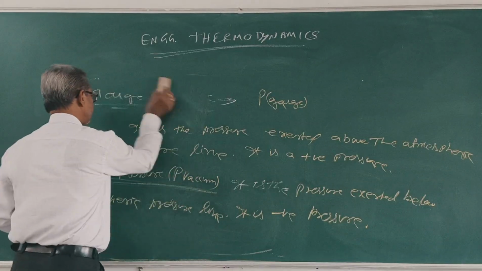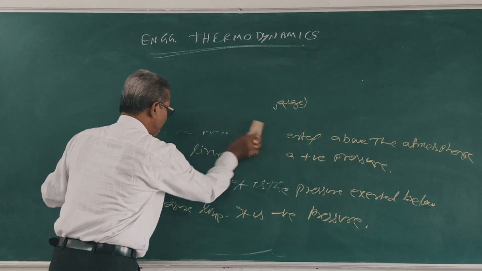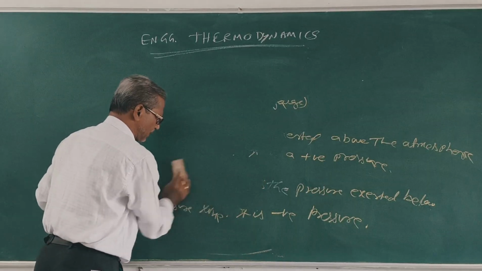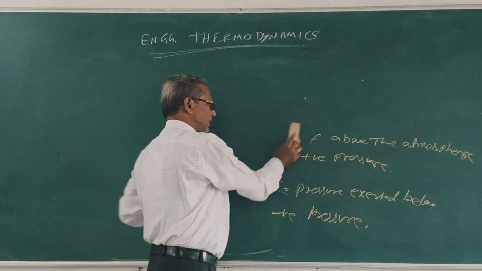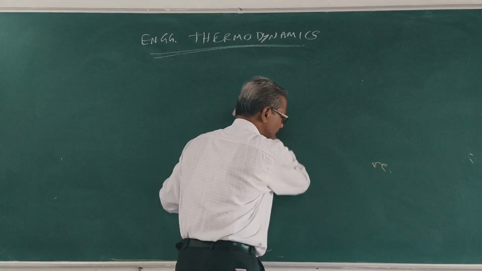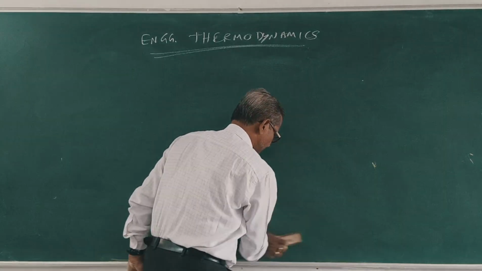Now, I will show you in a diagram what is gauge pressure, what is absolute pressure, what is vacuum pressure, and what is atmospheric pressure. Clear?